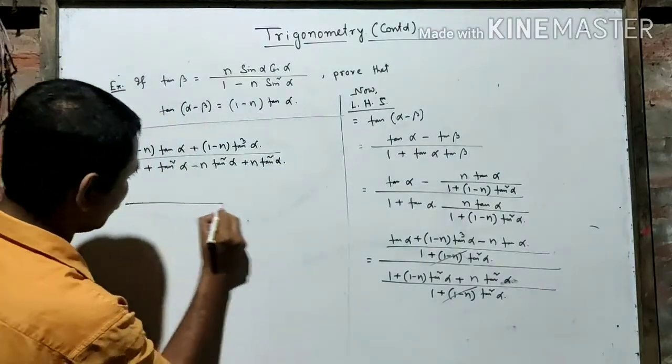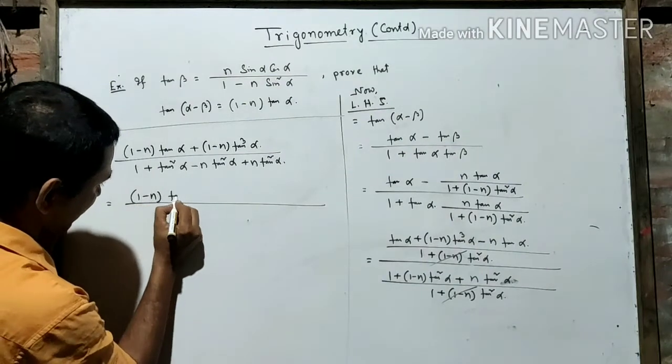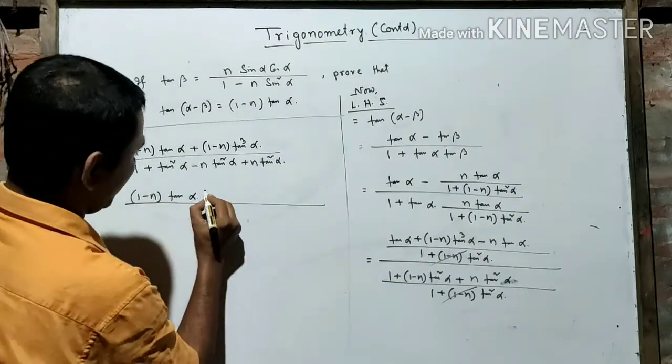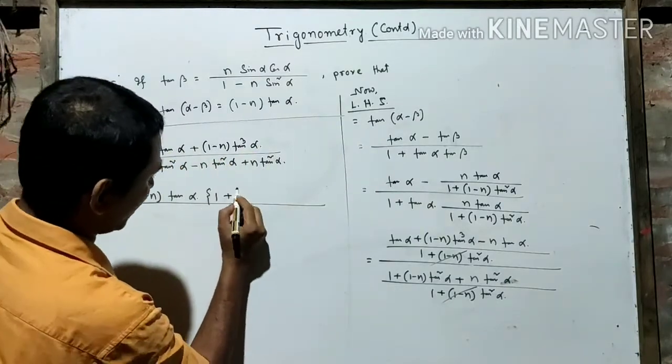From the numerator, we may take common (1 minus n) tan alpha, and there will remain 1 plus tan square alpha.